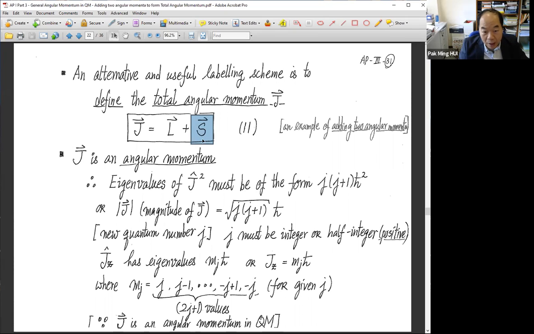Then the question becomes, for an electron in a P state, what will be the value of j? For an electron in a D state, what will be the value of j? For an electron in an S state, say ground state 1s, what will be the value of j? Okay, do you understand the question?